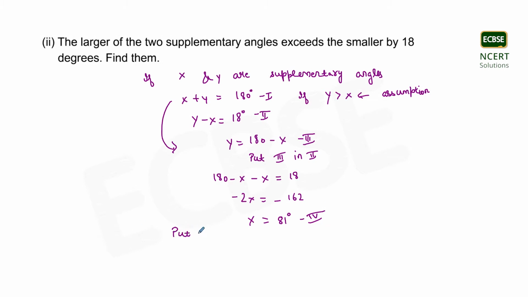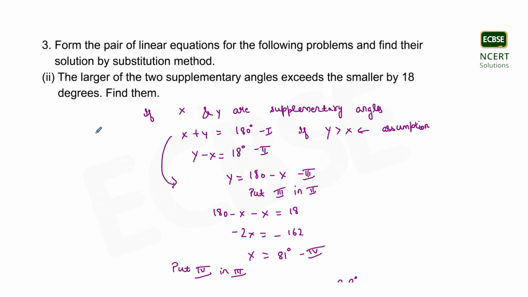Now put fourth in third. So putting this value of x in the third equation, y will be equal to 180 minus 81, which comes out to be equal to 99 degrees. Right. So the two angles are y is equal to 99 degrees and the smaller angle, that is x, is equal to 81 degrees. So this was about the second problem.